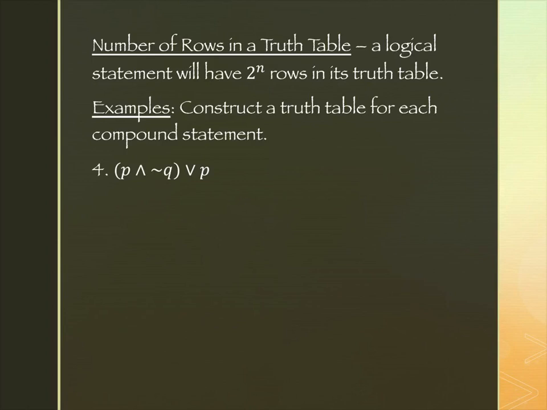We've seen that formula before. It was the same as the subset formula. There's a connection. It's not prior knowledge that's necessary to know, but there is a connection for why that's happening. So when I have 2 statements, I would have 2 squared, which is 4 rows. That's what we saw happen before.